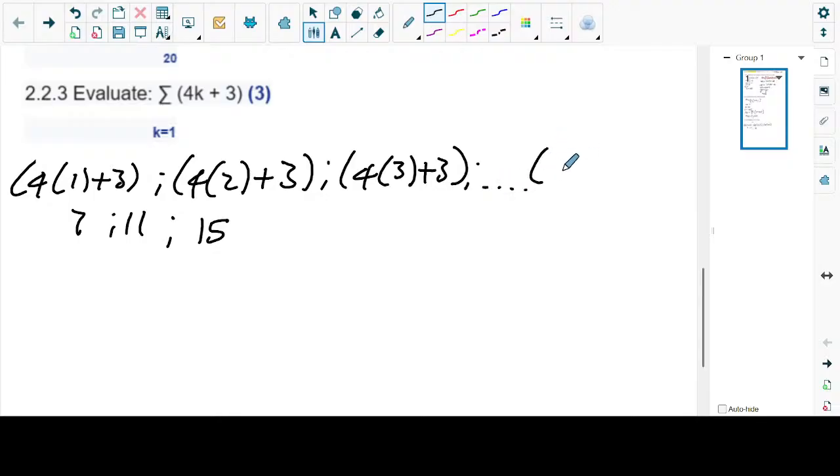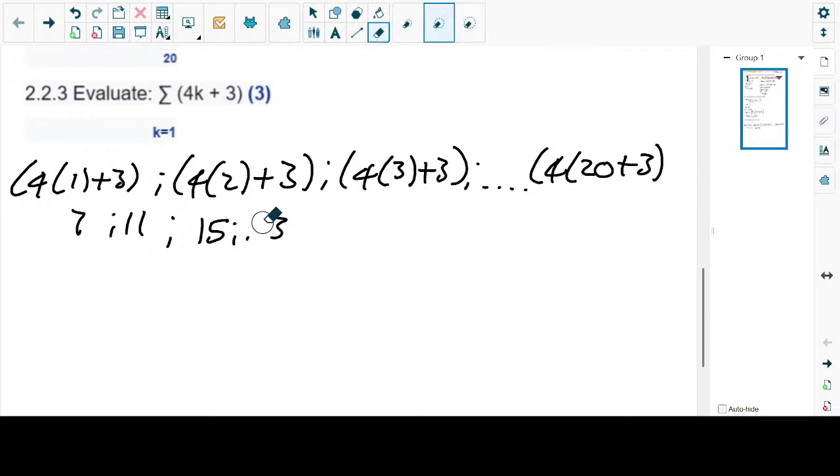We have 4 multiplied by 20 plus 3. What is 4 multiplied by 20? It's 80. 80 plus 3 is 83. So now our last term here is 83. Okay, somehow they made it a little bit different.